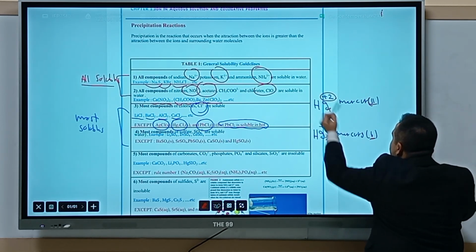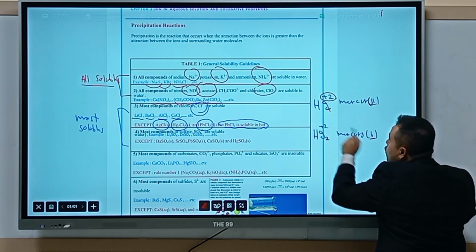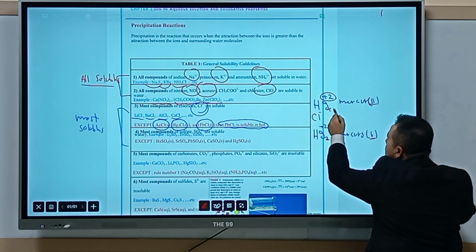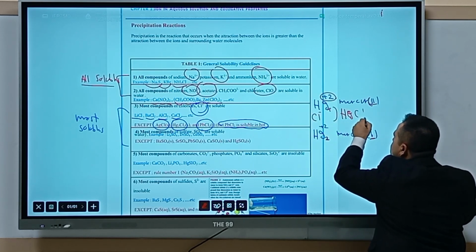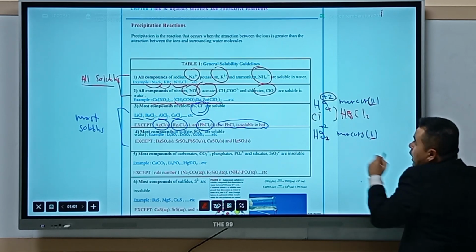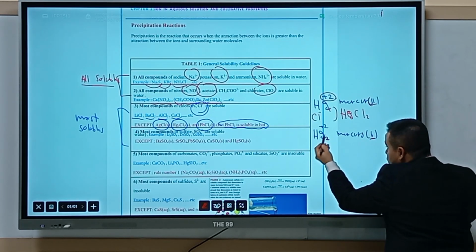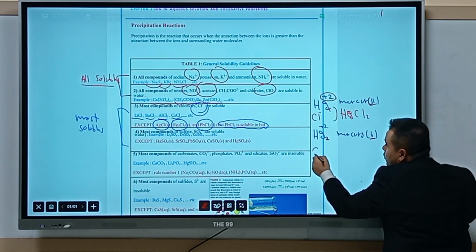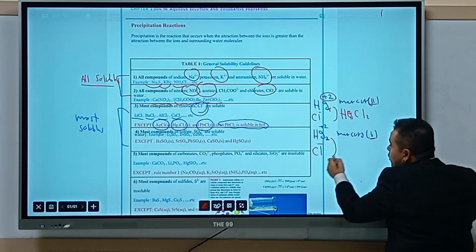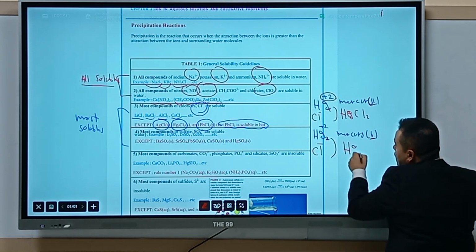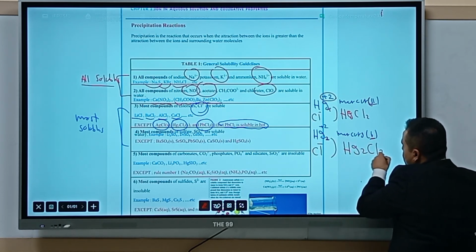When Ag positive 2 reacts with the chloride, the result is AgCl2, and when Ag2 positive 2 reacts with the chloride, the result is Ag2Cl2.